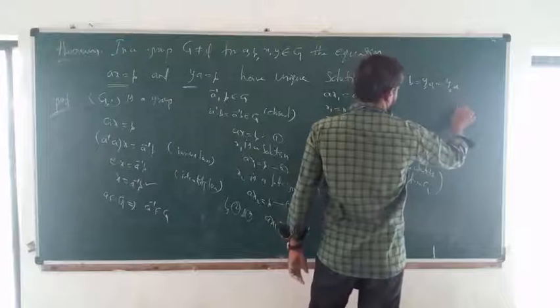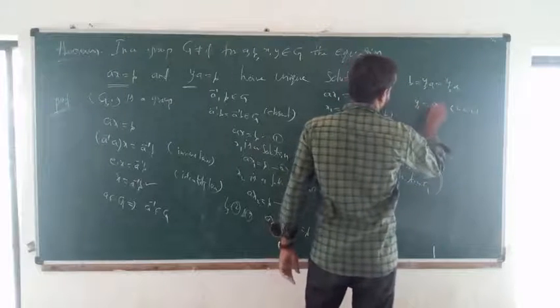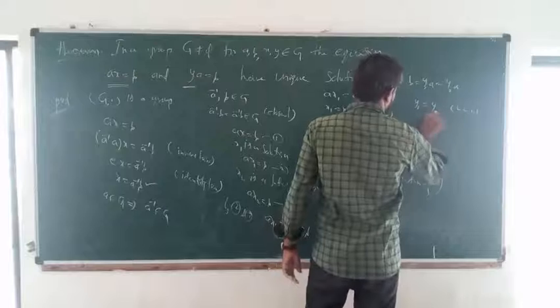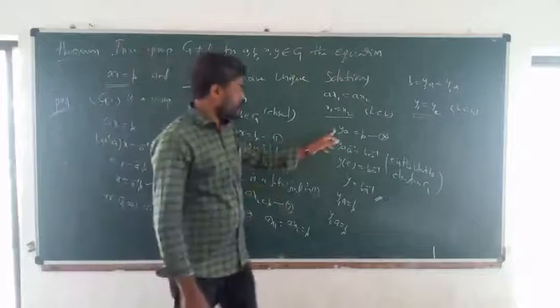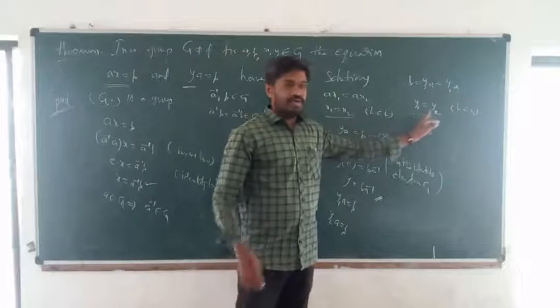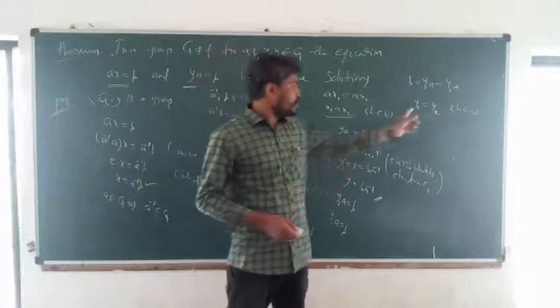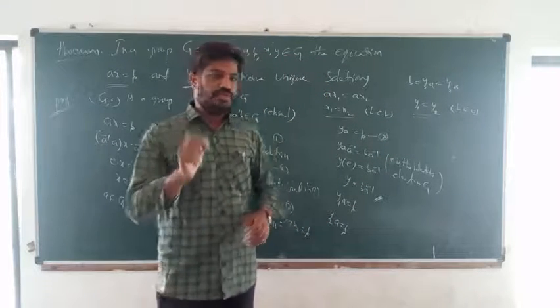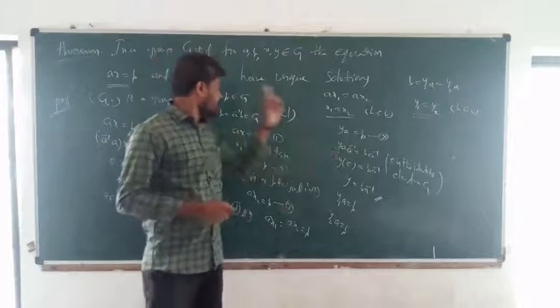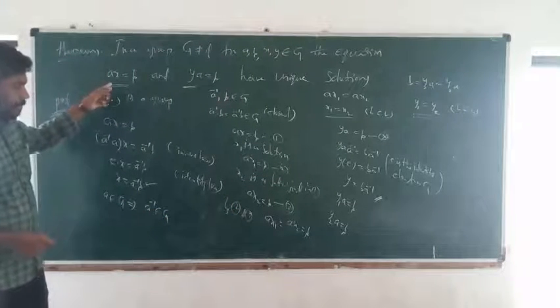Left side, so left translation law. What happened? y1 equals y2. So this is a unique value. In this given condition, any values you assume, y1, y2, y3, y4, all values are equal, meaning only one is the perfect value, that is the unique value.